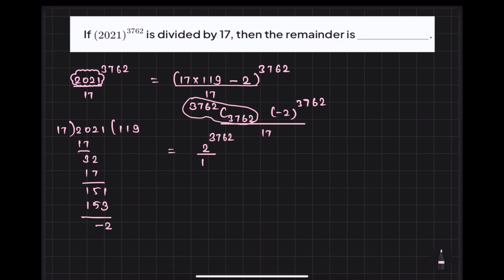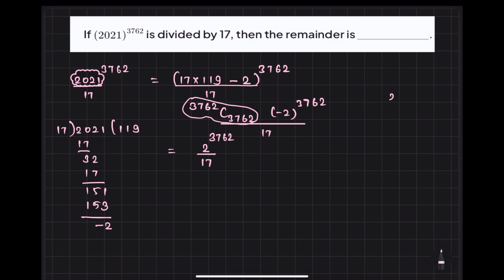Now we have to divide this by 17 and check what will be the remainder. Now the numerator becomes 2, so the numerator is smaller than the denominator, correct? So we will start the table of 2 and try to get closer to 17.